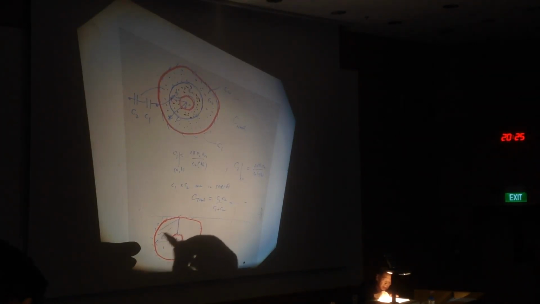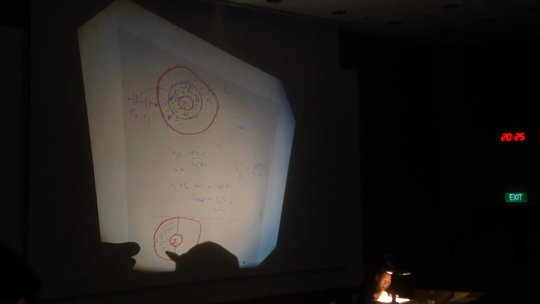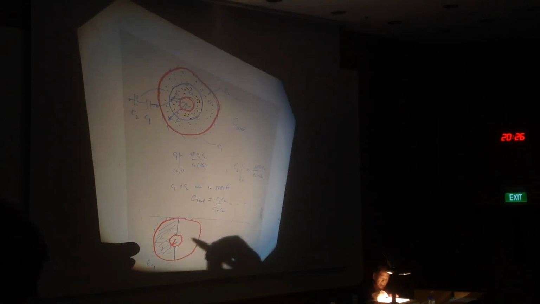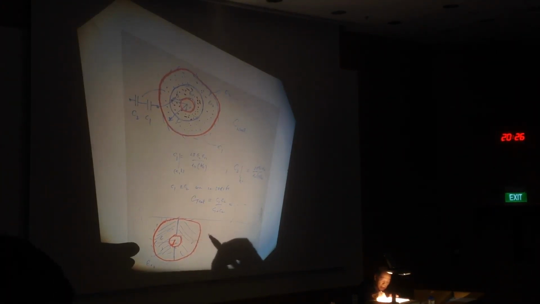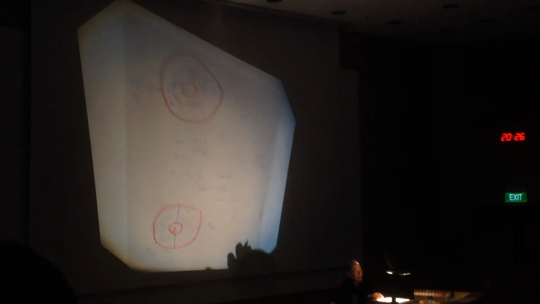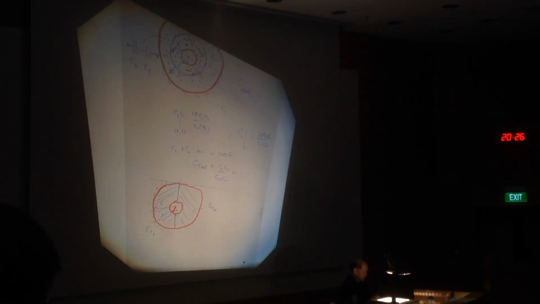So here, this one R1, this one here, this one R2. Calculate the combined capacitor. You do it yourself.